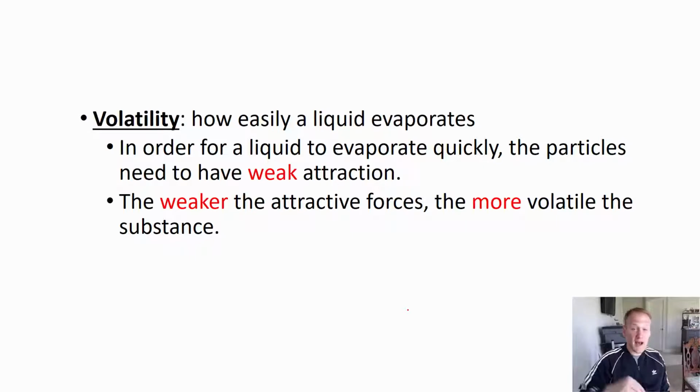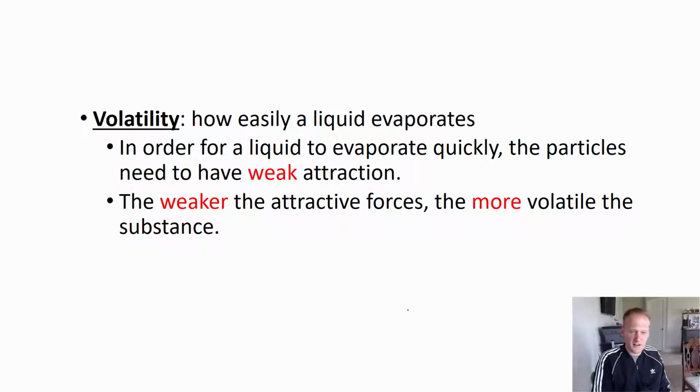So if things evaporate really fast, that means molecules are willing to separate, which means they would have weak intermolecular forces. Things with strong intermolecular forces do not evaporate easily. So we just said honey has strong intermolecular forces, correct? Well, does honey evaporate very easily? No, it doesn't.